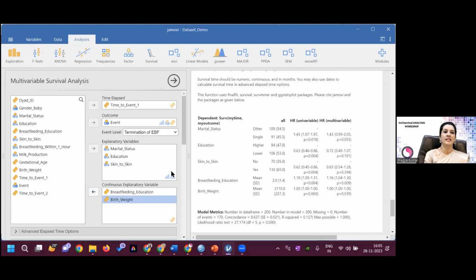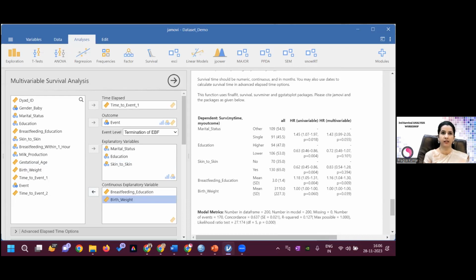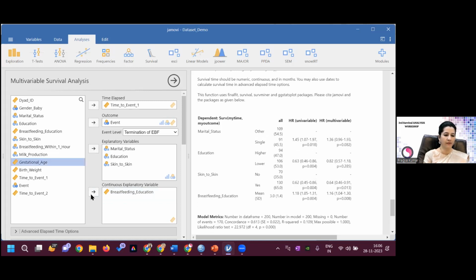Initially I took both birth weight and gestational age, and then none was significant. You can see both of them were non-significant. If you remove one, then you will see that the other is significant. So it's better that you remove this birth weight and keep this gestational age.